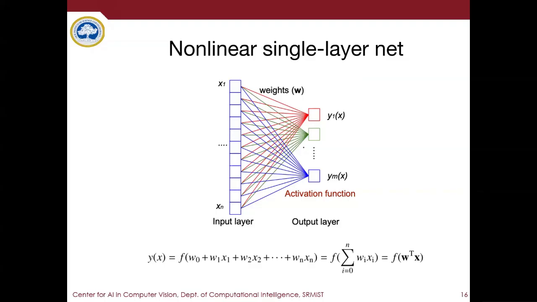So here you get y1 of x, and connecting the others with different weights, you get y2 of x, and with another set of weights, you get yn of x. This way you are fully connecting all these inputs to a neuron in the next layer, using the same equation, y of x equals W x plus b.